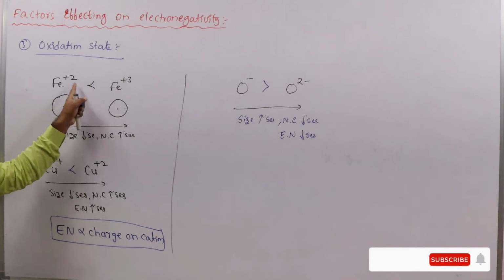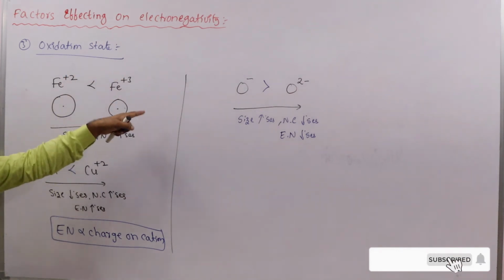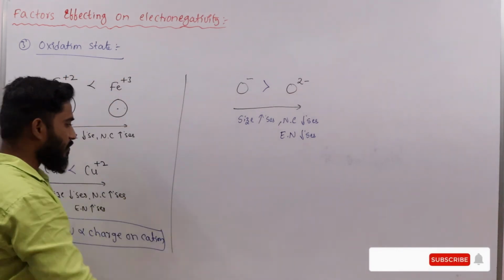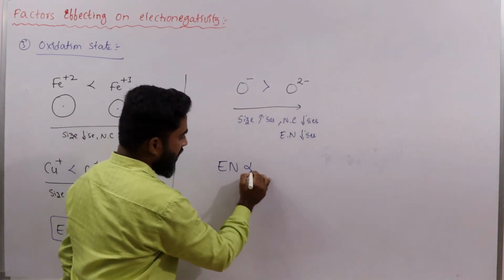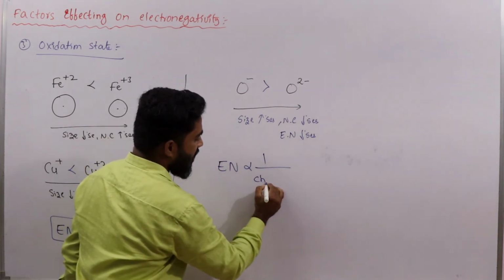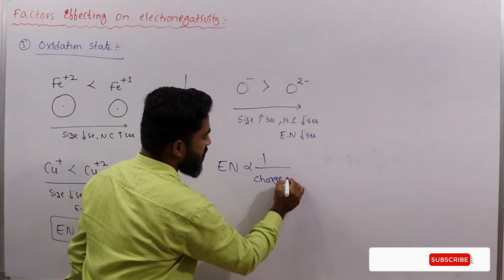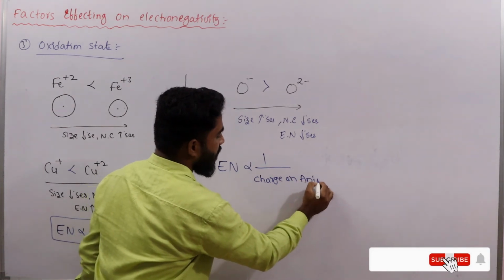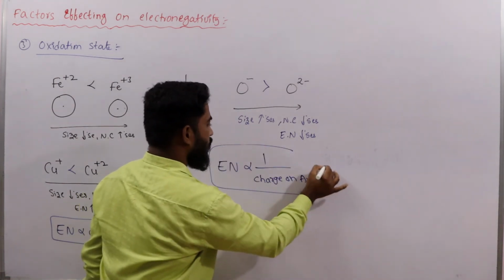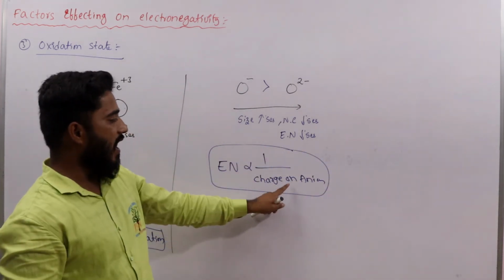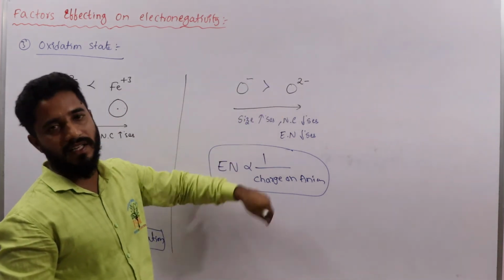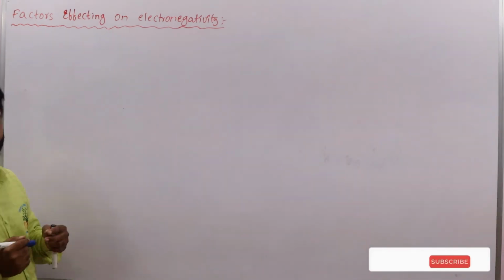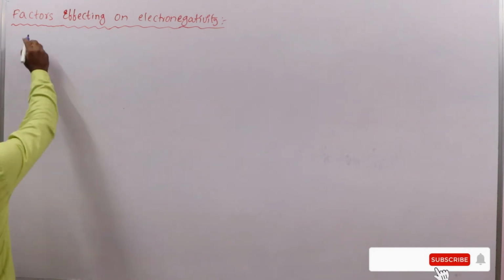When it comes to the anion, electronegativity decreases as the charge on the anion increases. This is inversely proportional. Here, as the charge on the anion increases, electronegativity decreases.